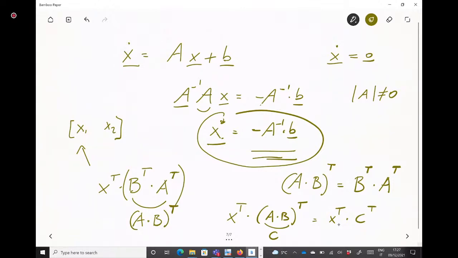Anyway, x transpose times C transpose again can be regarded as C times x transpose. But C is A times B. So basically, what we want to compute is A, B, X transpose.